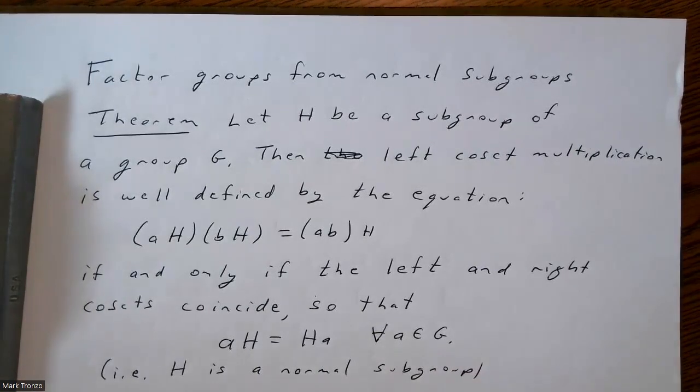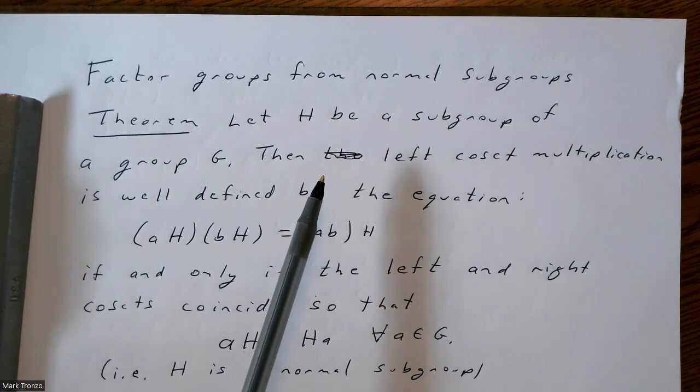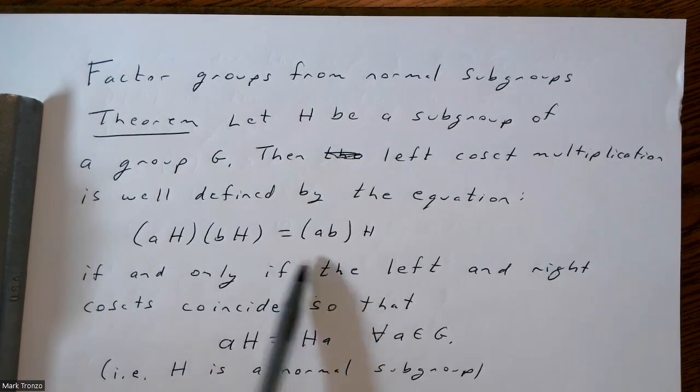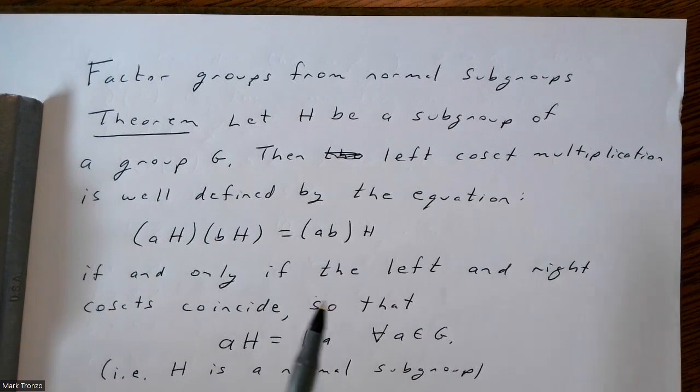And we said a minute ago, if this came from the kernel, then it would be a normal subgroup. So that's why we could have that for the kernel before. But now this is extending a little bit farther: if we have a normal subgroup, then this operation is still well defined as long as we have a normal subgroup.